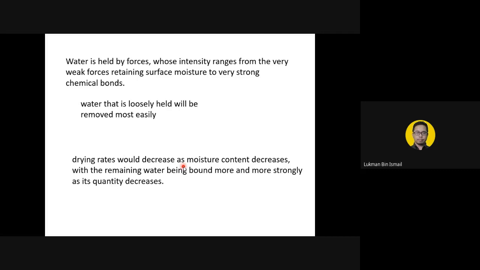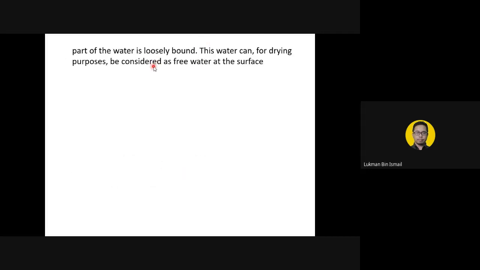The rate of drying decreases as the moisture content decreases, with the remaining water being bound more and more strongly as its quantity decreases. So the bound water is harder to remove. Part of the water is loosely bound, and this water can, for drying purposes, be considered as free water at the surface.